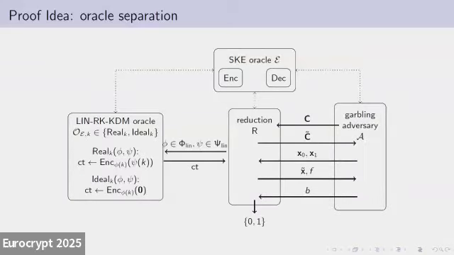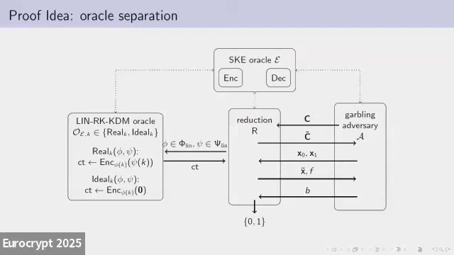So as an image, how does the setting look? We consider polynomial time reductions that have oracle access to those inefficient encryption and decryption procedures as well as the adversary A. And the goal of the reduction is to break Lin RKKDM security of the encryption scheme. So far I have not defined exactly what this means. Here's the security game.